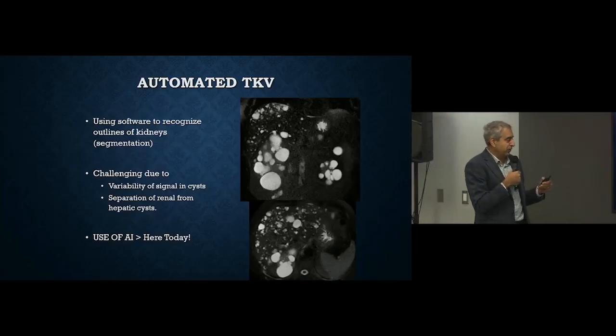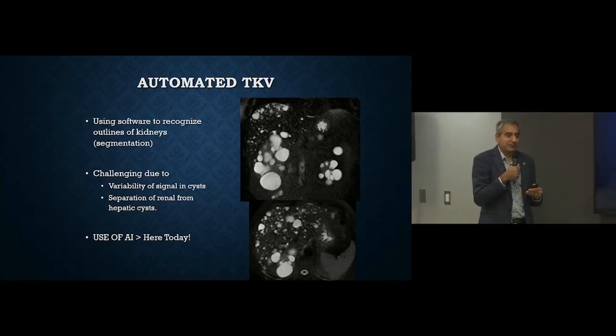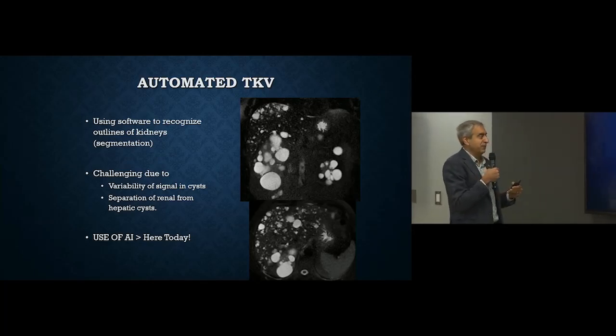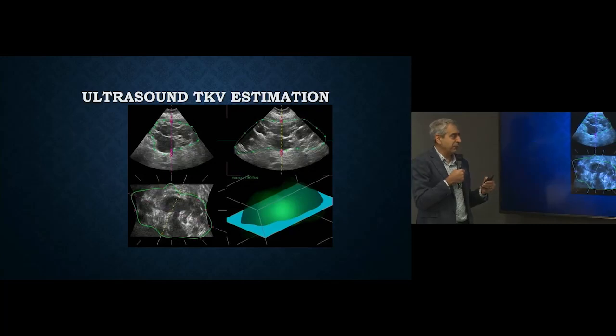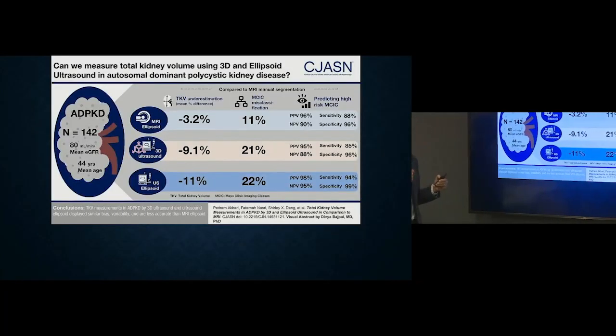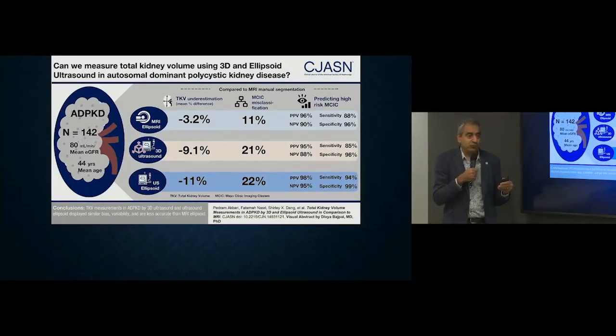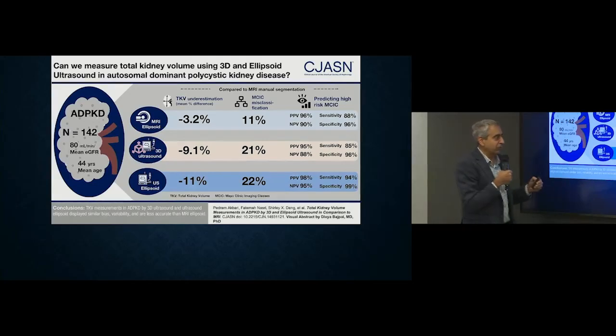And then there are automated ways of measuring total kidney volume, and our next speaker is going to give us some beautiful insight into the different methods of doing this. So I won't spend much time on this. And just the final mention I'm going to make is that ultrasound does have a role in measuring total kidney volume as well.